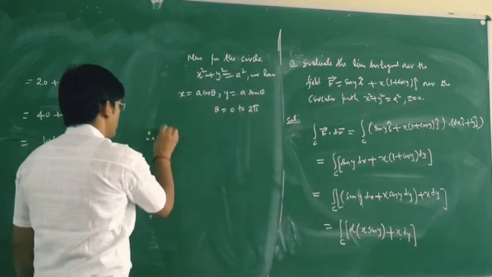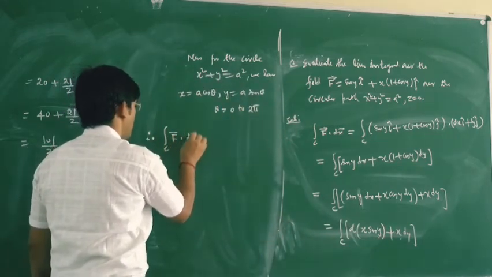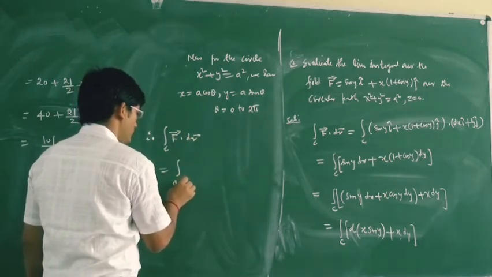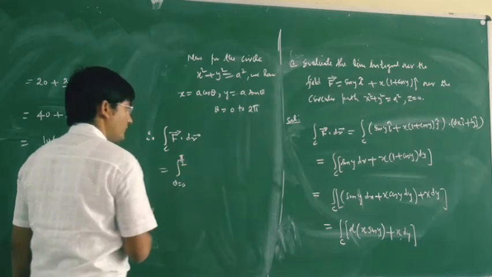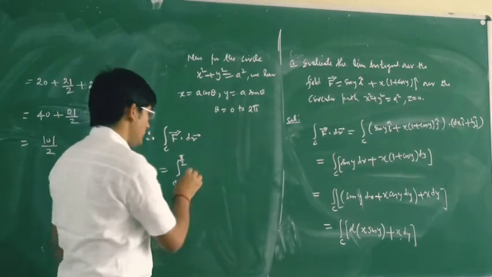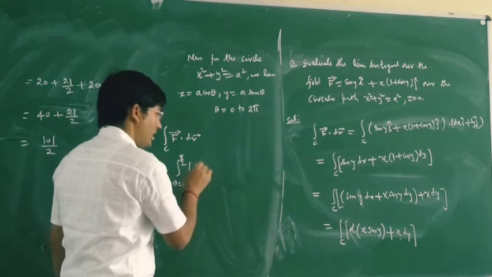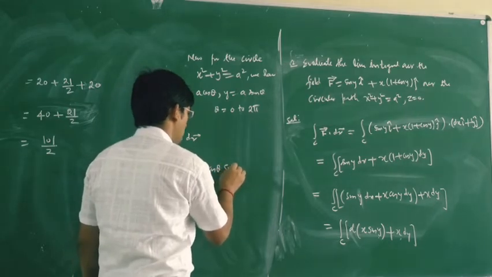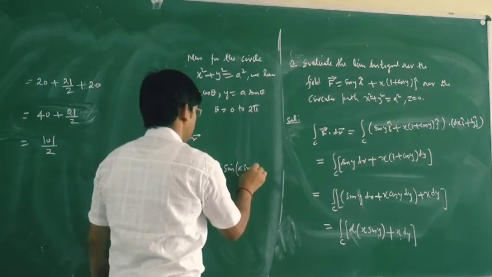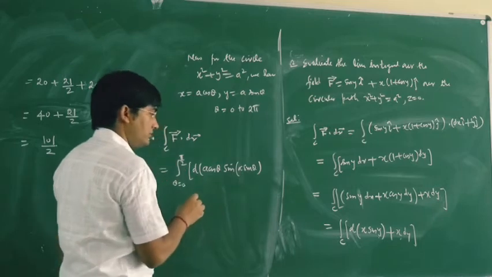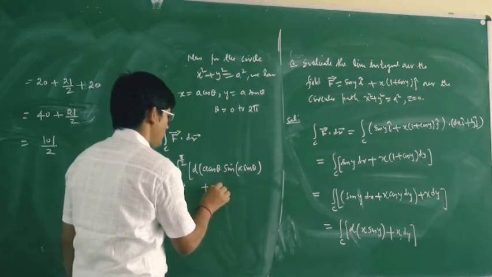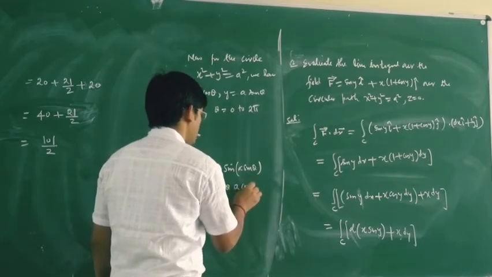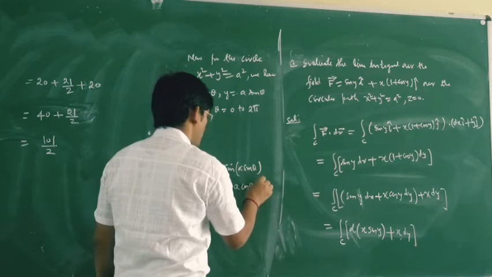So therefore your line integral over C of F dot dr is equal to, now this will be in terms of theta, so your theta will be from 0 to pi by 2. Your d of x sin y, your x is a cos theta, sin y is your a sin theta. Then we have x dy, which is a cos theta into a cos theta d theta.